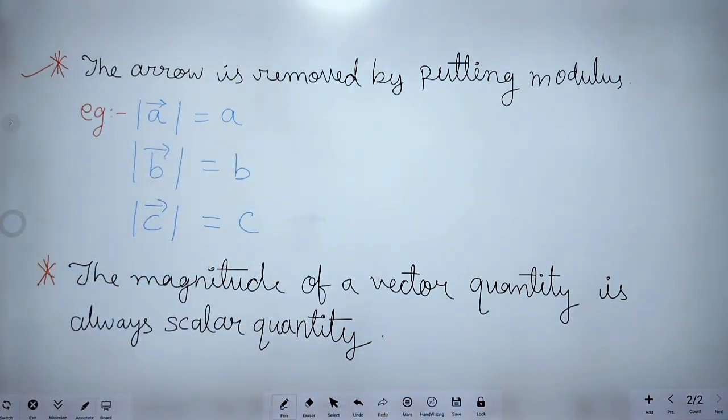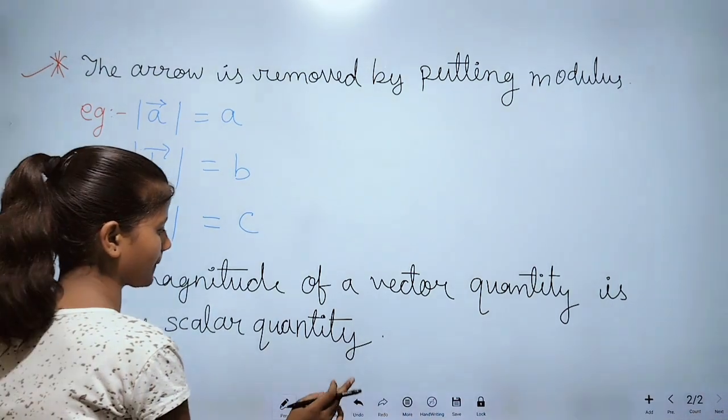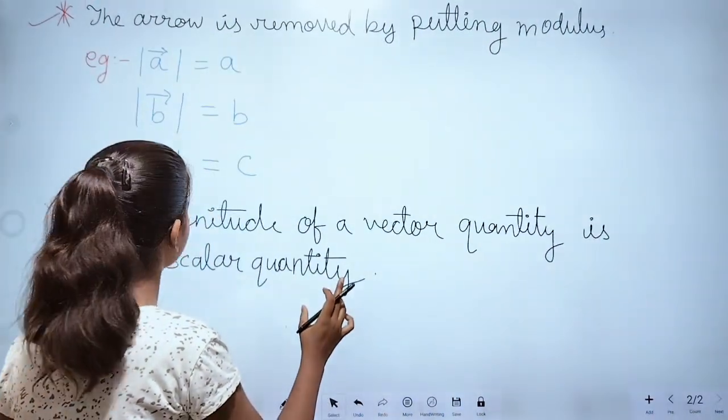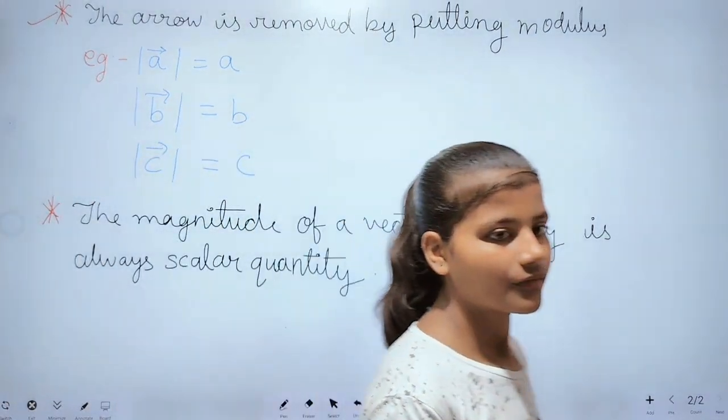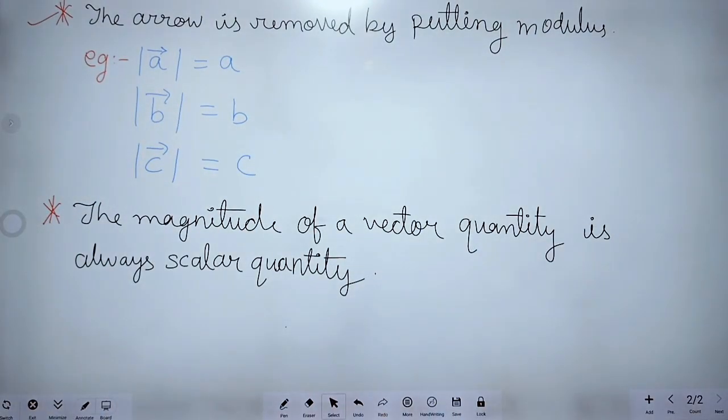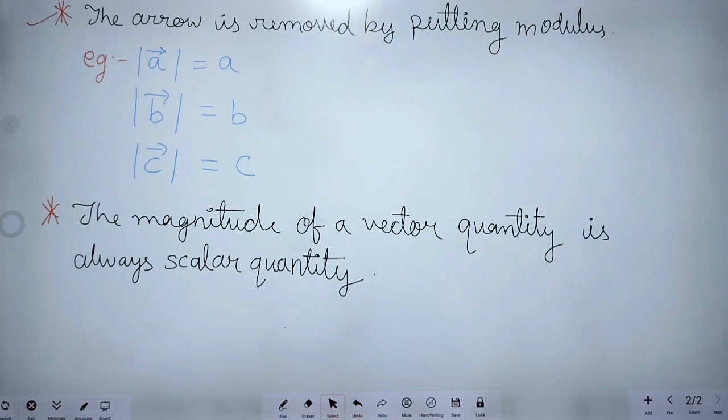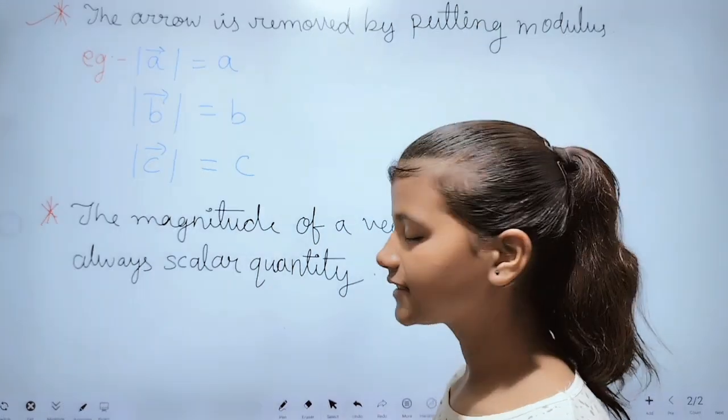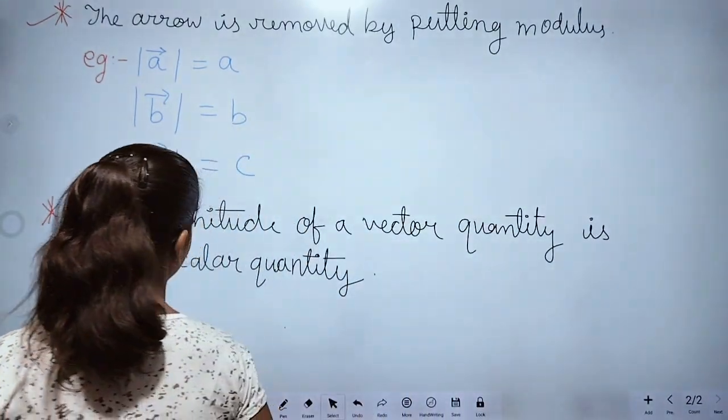This one is also an important point, that the magnitude of a vector quantity is always a scalar quantity.